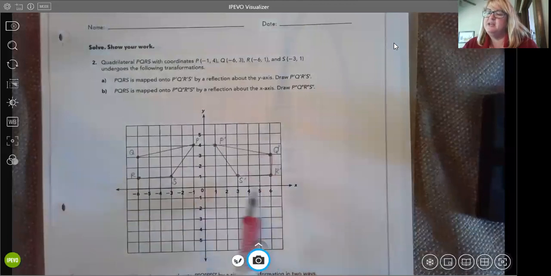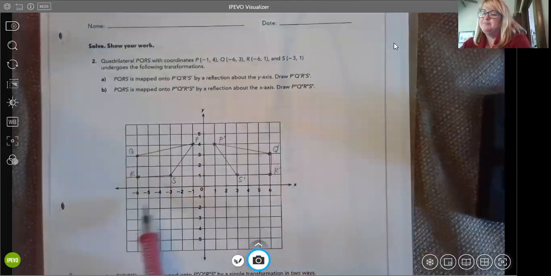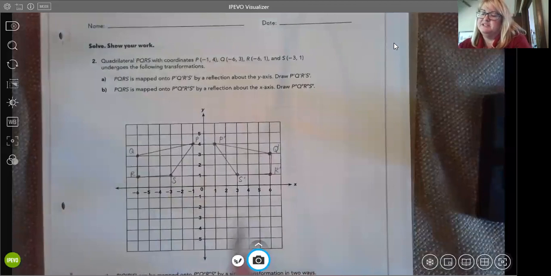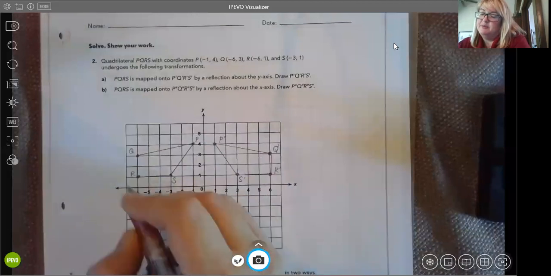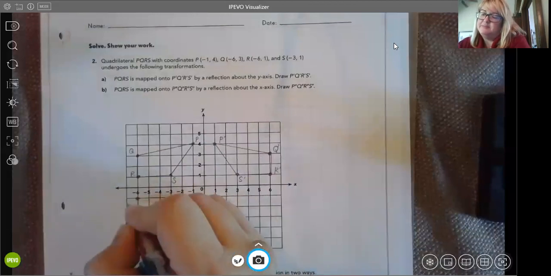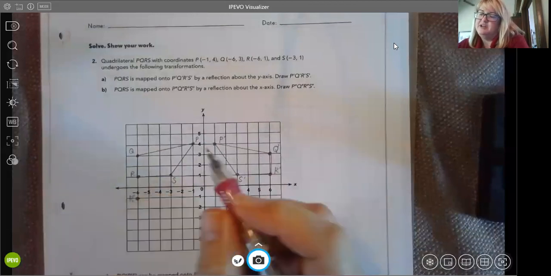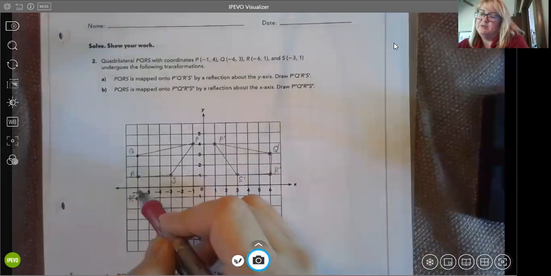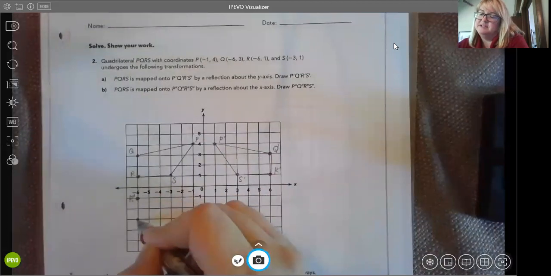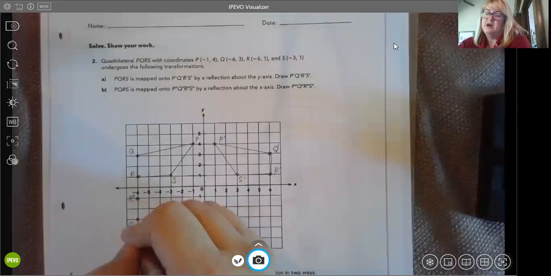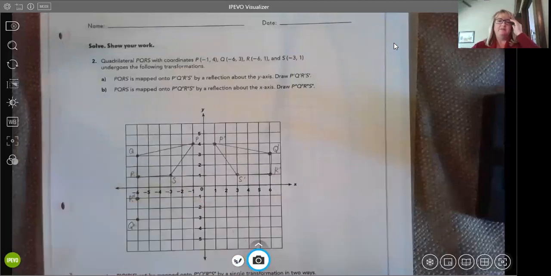So we need to do P double prime, etc. I'm going to just start with what's closest. R is 1 unit away from the x-axis. R double prime will be 1 unit away in the opposite direction. Q double prime is 1, 2, 3 away. So we need to make it 3 away. That's Q double prime. All right, I want you to finish the rest of it.